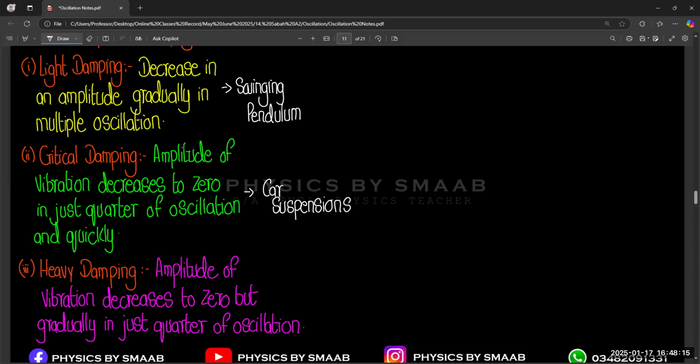And in heavy damping, door stoppers or door dampers that we install in the door to prevent it from slamming shut, right?